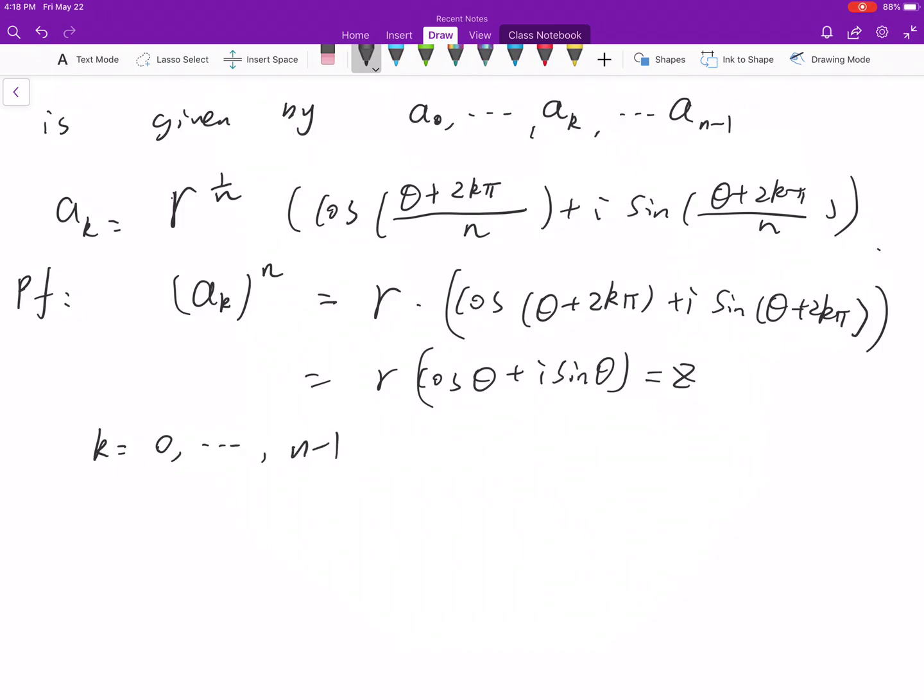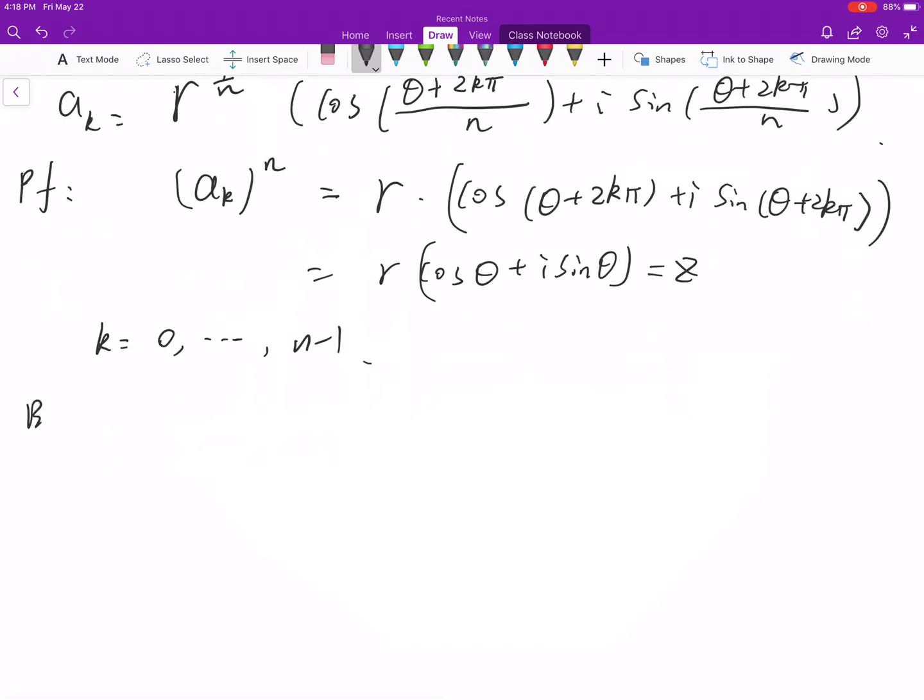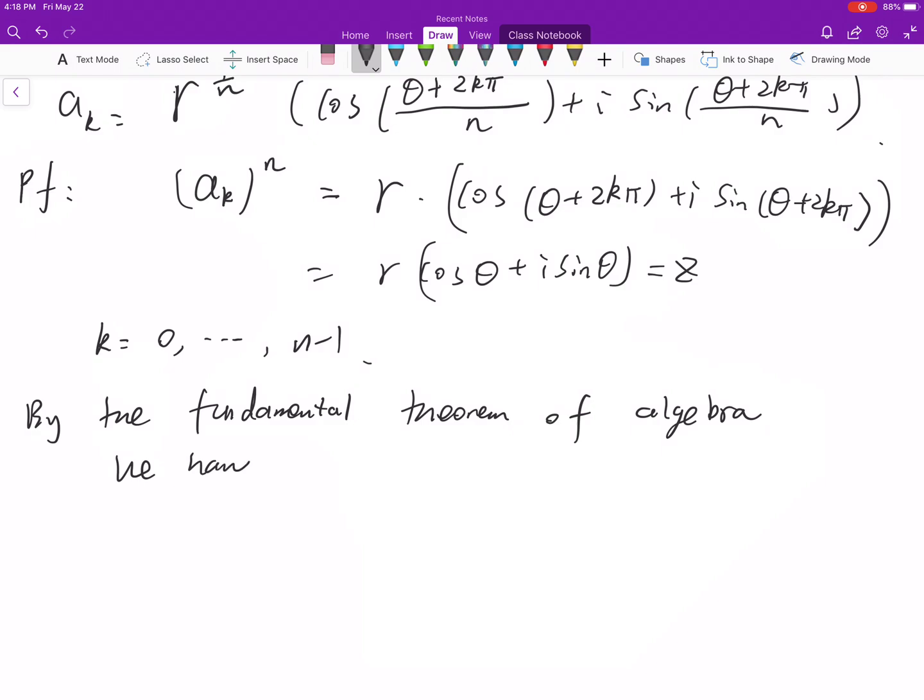So you have n roots, and also by the fundamental theorem of algebra, which we will prove later after we know the maximum modulus theorem, we have at most n roots for a polynomial equation of degree n. So this is done.